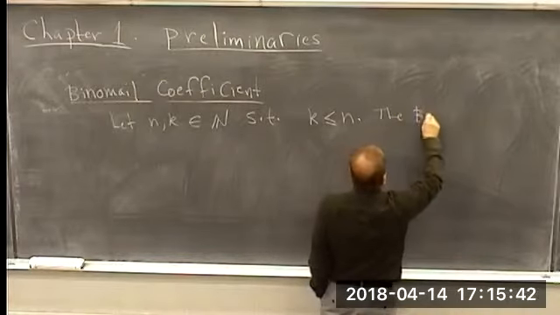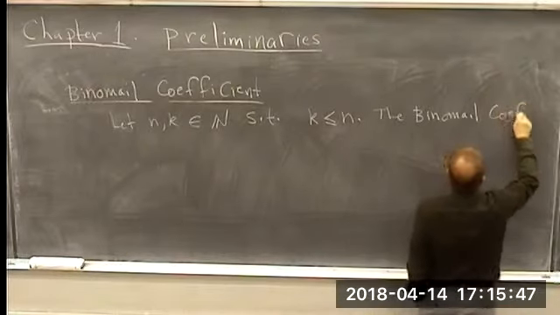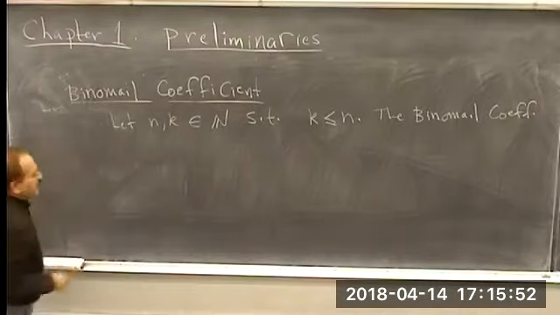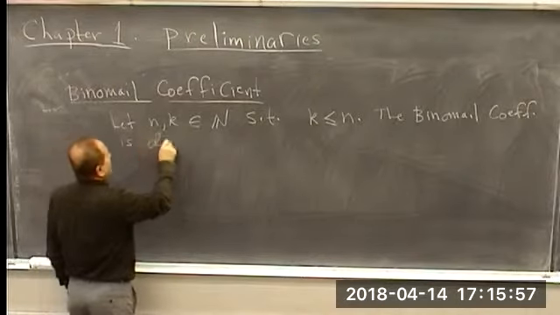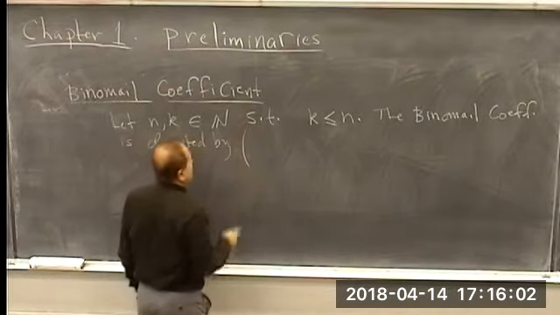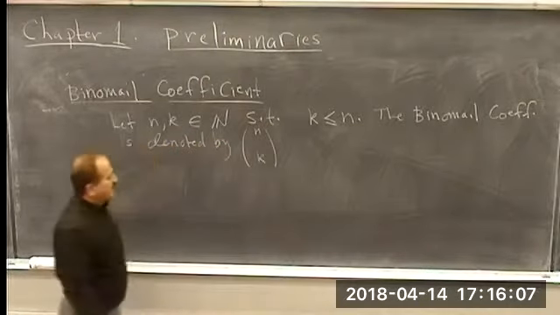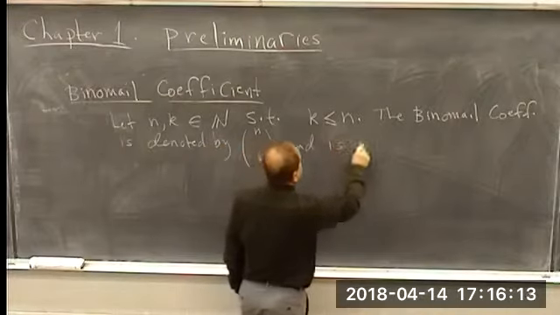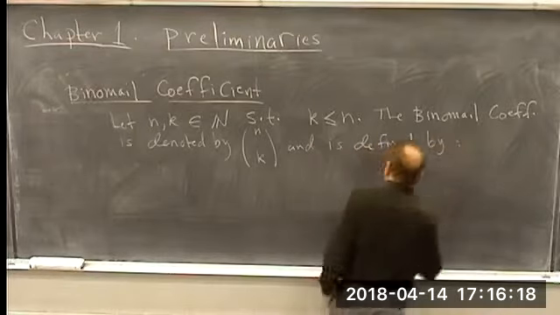The binomial coefficient, which is actually going to be a natural number, is denoted by this symbol, n on the top, n over k, between parentheses like this, and is defined by this formula.